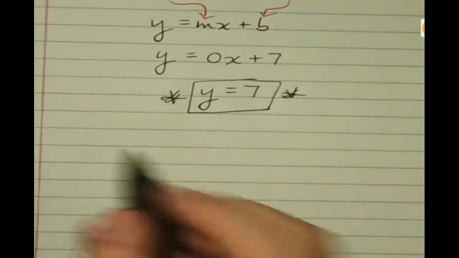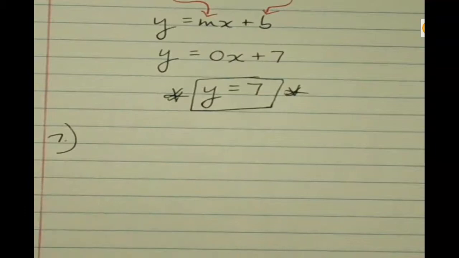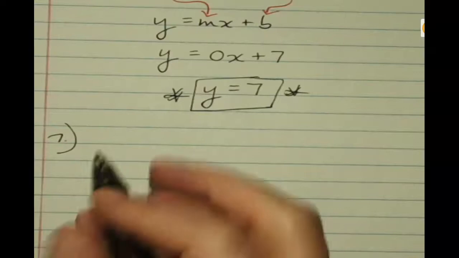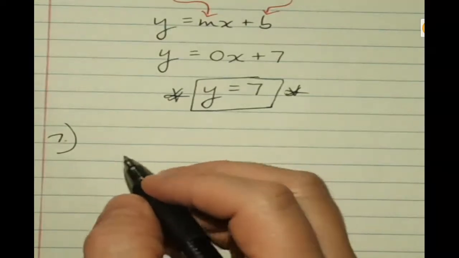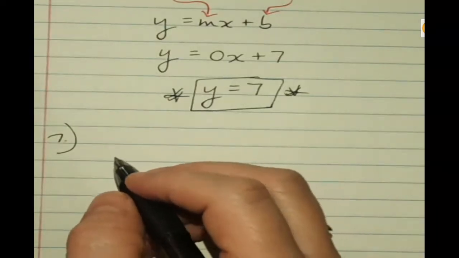All right, let's do another. Let's do number 7. This time they give you graphs and you have to decide from the graph what your equation is going to look like. Look at number 7. Now remember, I want everyone looking at this because you will have this on your test.